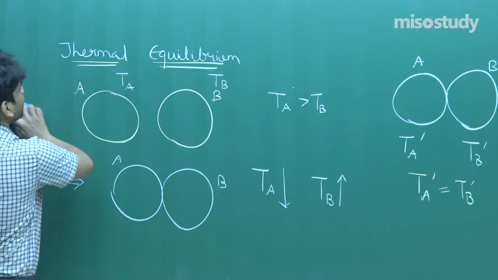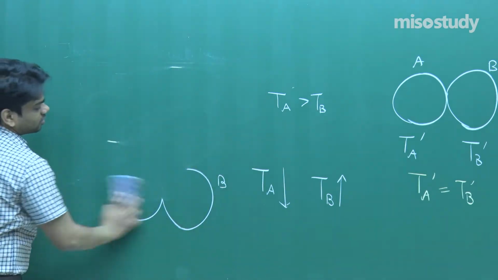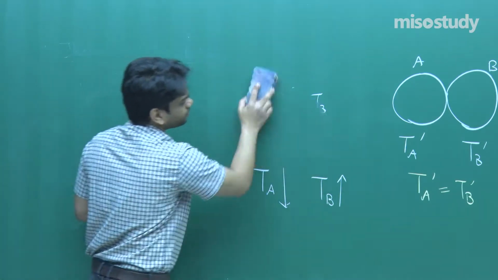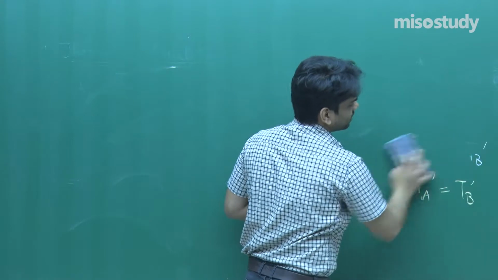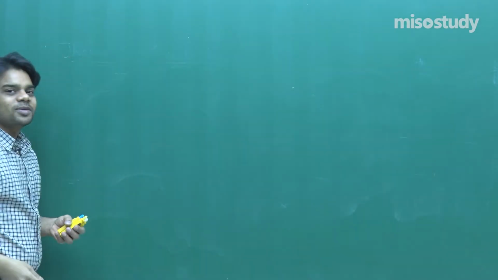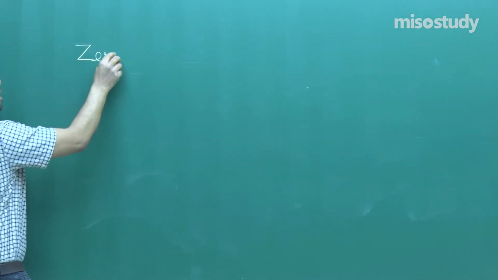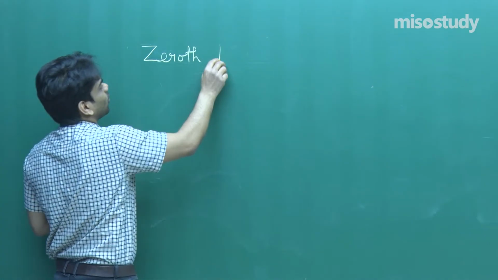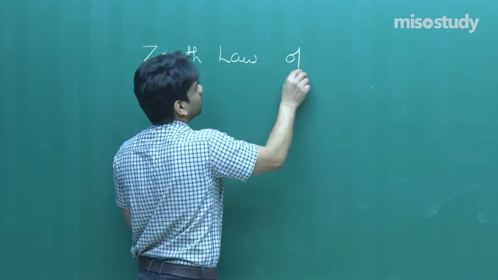So let's understand the first important part of the chapter, that is the zeroth law of thermodynamics. I believe that thermal equilibrium is not too tough for you all to understand, and it's an easy concept. And one more easy concept that we are going to study is the zeroth law. Don't worry about why it is said to be zeroth law, because it's a very basic law and not too tough to understand.